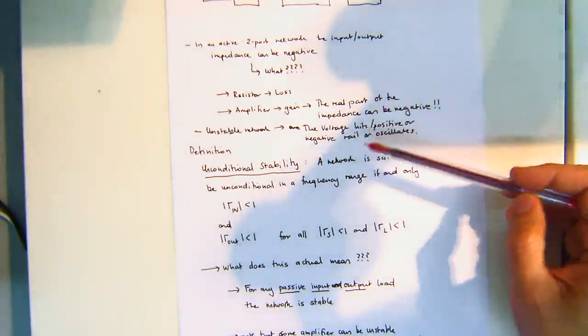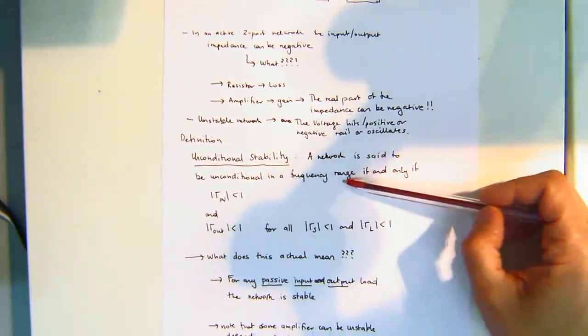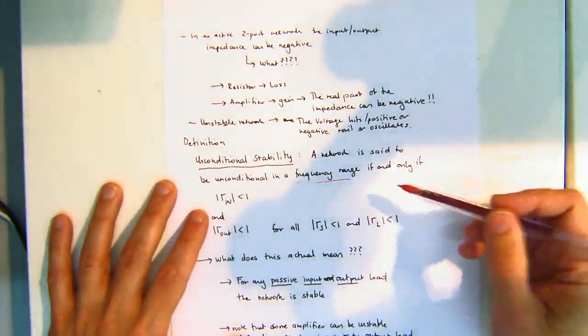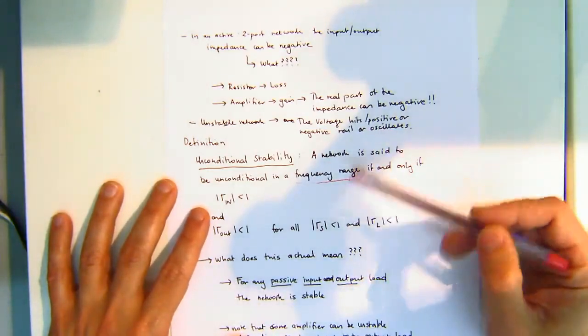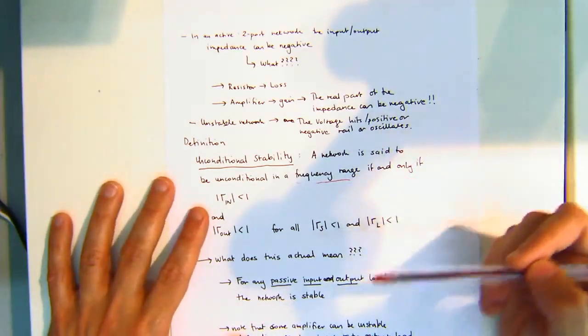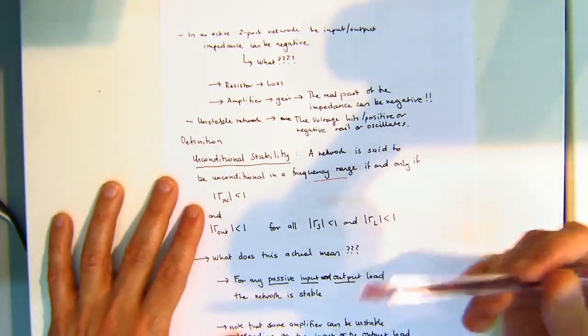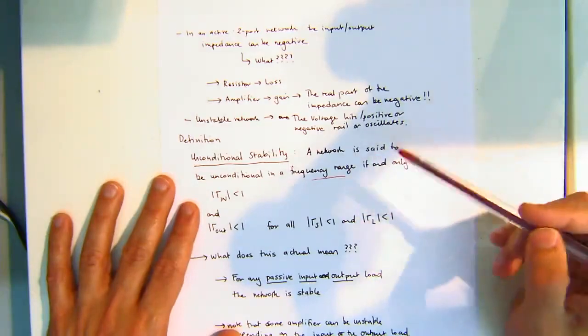So the definition is, a network is said to be unconditionally stable in a particular frequency range, and this is also important, right? Because especially at high frequency, there might be frequencies where it's stable and other frequencies where it's not stable, so you've got to be a little bit careful when you're actually doing design.